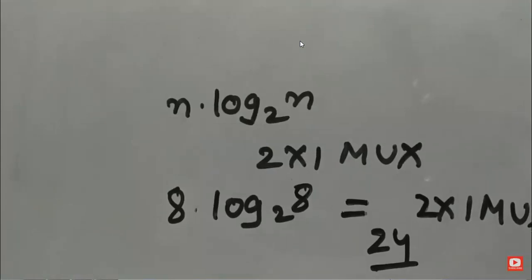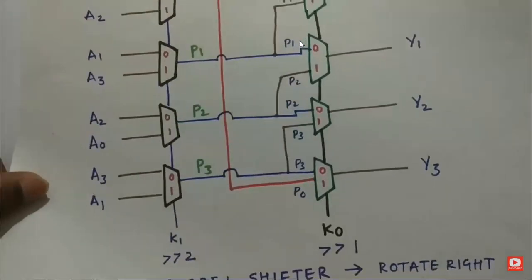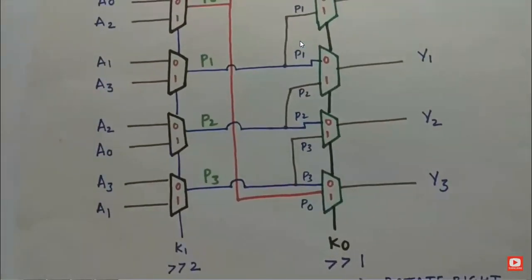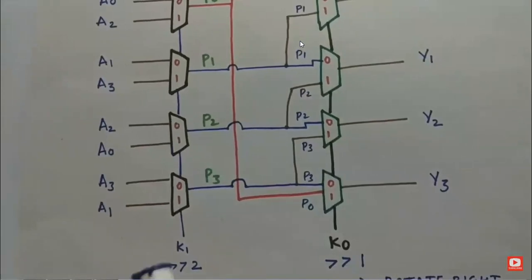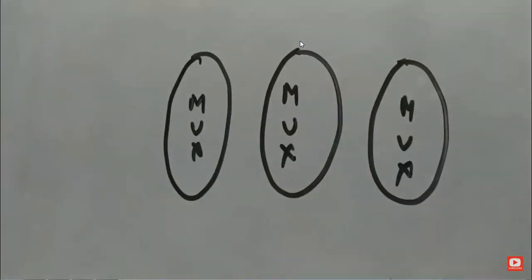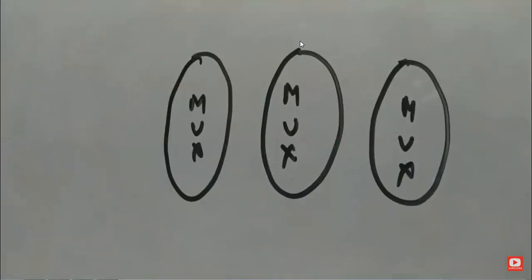So one more important thing to note is that 4 is 2 power 2. In terms of power of 2, 4 is 2 power 2. So we are using 2 power 0 and 2 power 1. Now if we want to build an 8-bit barrel shifter, we are going to use 2 power 2, 2 power 1 and 2 power 0. I'm going to give an example using 2:1 multiplexers.